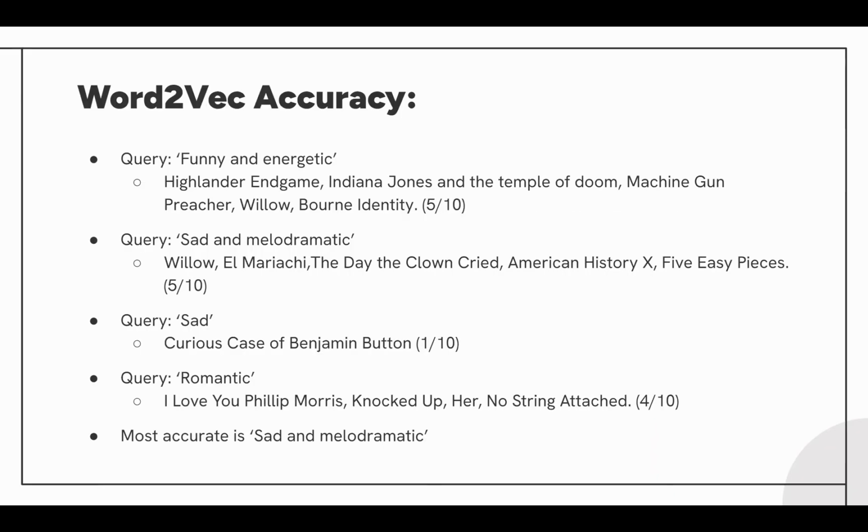However, despite that, for the query funny and energetic, 5 of the 10 movies were related to the query, and for sad and melodramatic, also 5 of the 10 movies were related. For sad, only 1 movie was related, and for romantic 4 movies were related. So as you can see, the most accurate queries were both funny and energetic and sad and melodramatic.